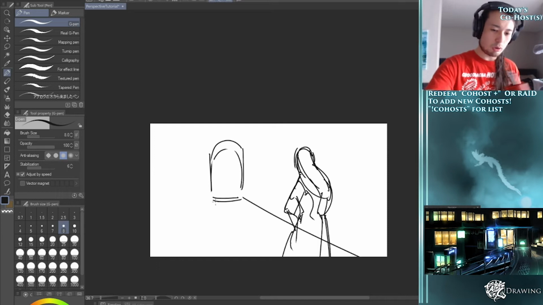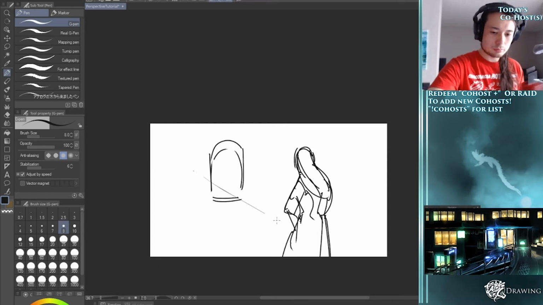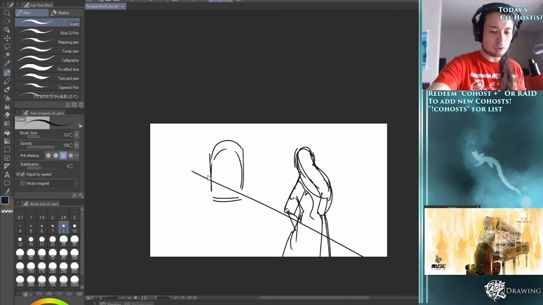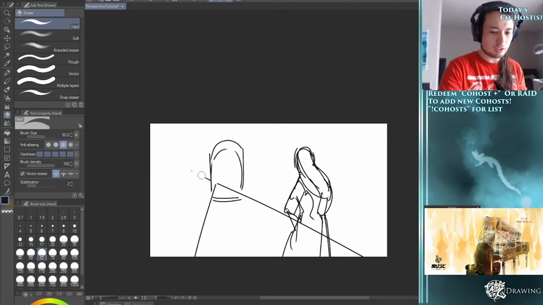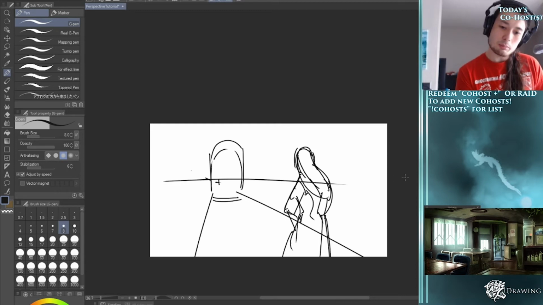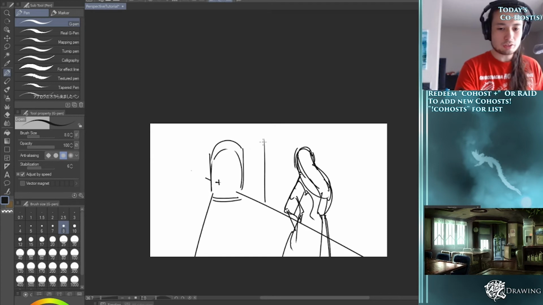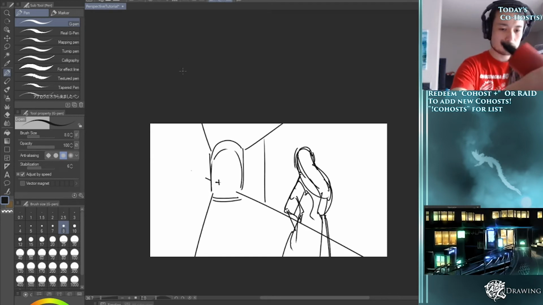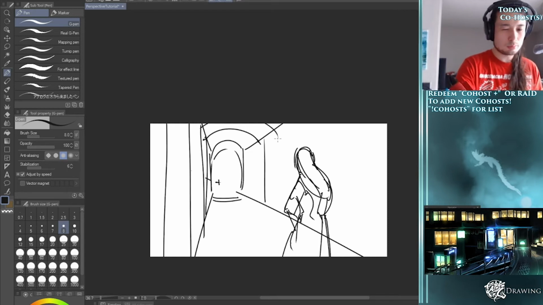So what determines what these lines are? The perspective. So I want to have this flow because I want to move towards this door. Well, look at that. I just created a vanishing point. That means that everything else in this composition can follow that too.